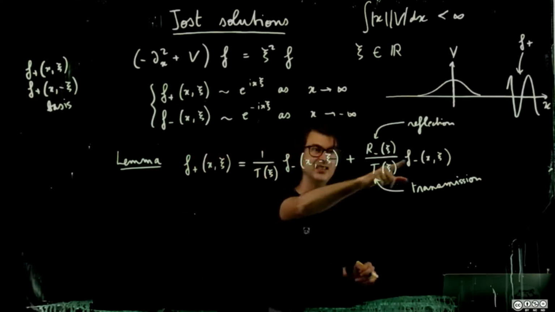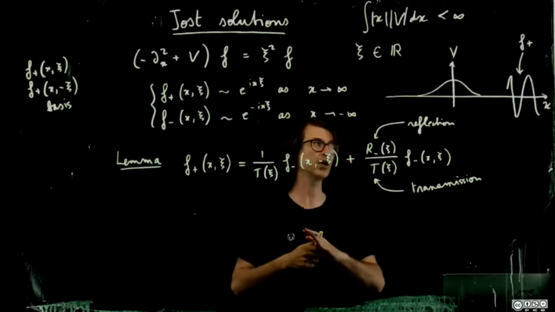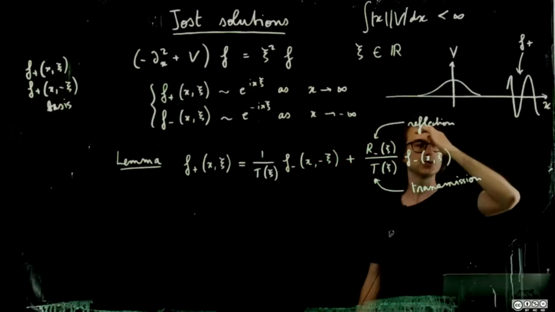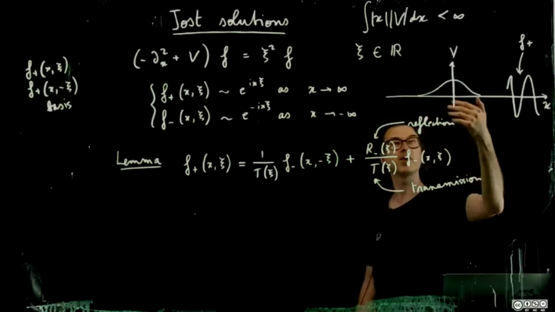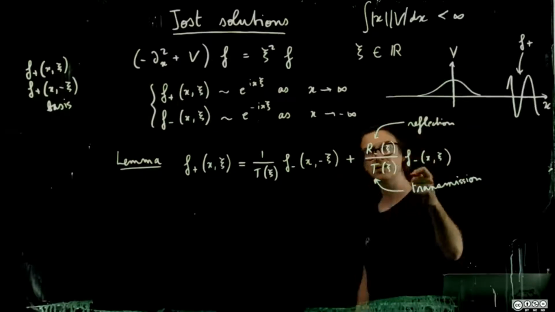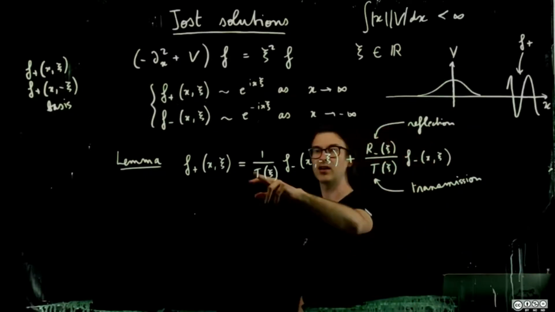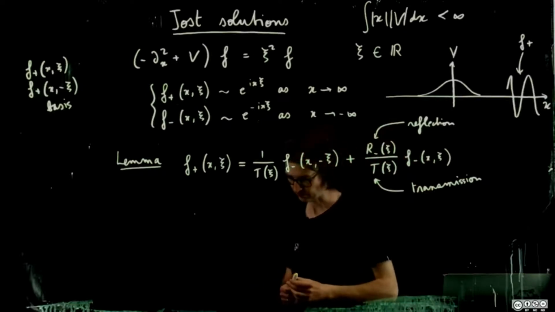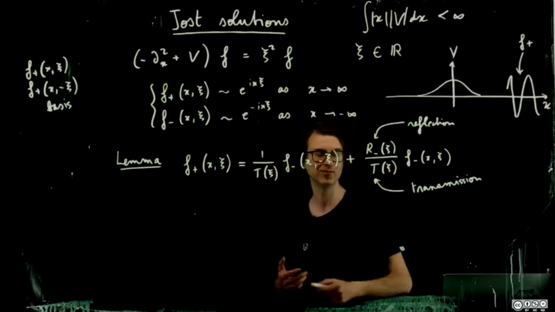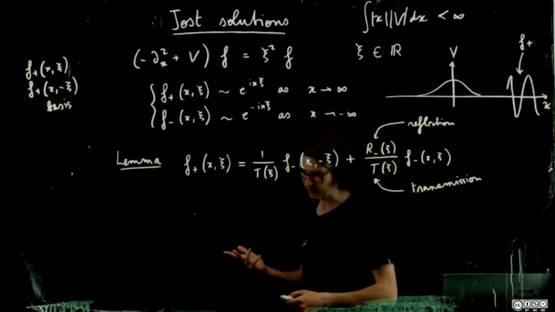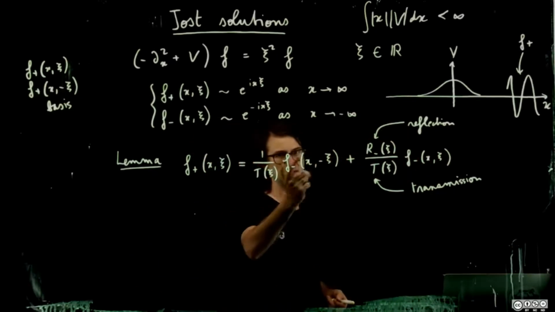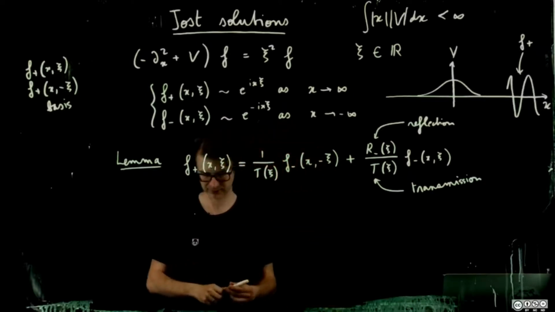Yes, so what this equality is about, it's telling you if on the right you look like f plus, then on the left of the potential you want to decompose f plus into a sum of the two elements of the basis, f minus, and the coefficients are given in this manner. So written like that, it doesn't seem to be the most natural way of writing things, but this T and R are natural objects.